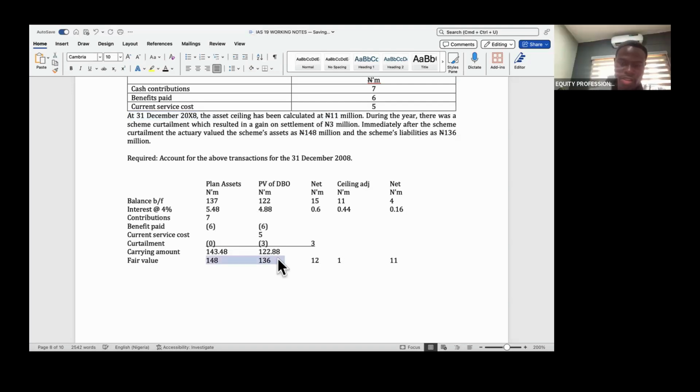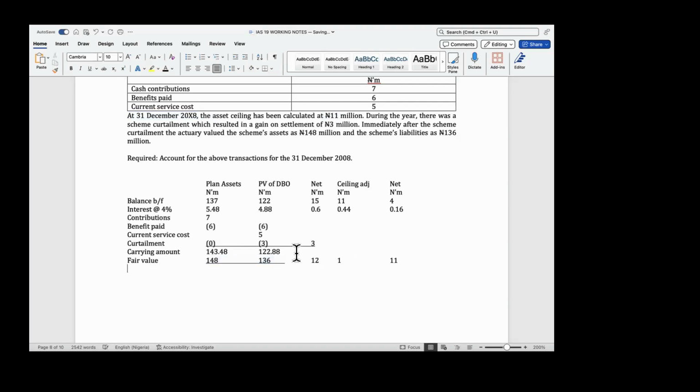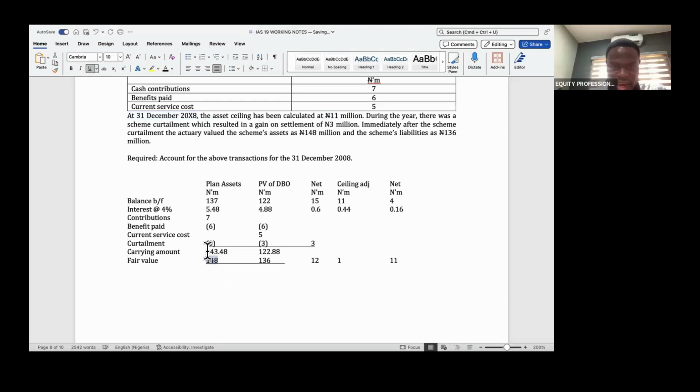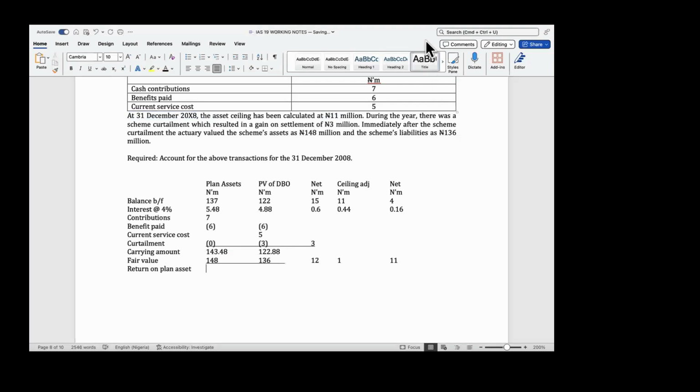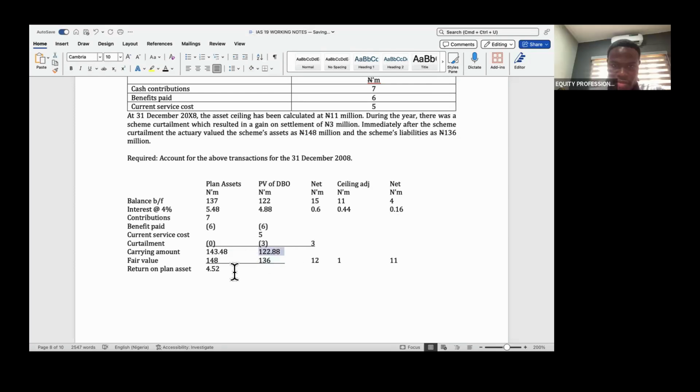Now, having done that, you will see that our asset is higher at the end. So that's a gain of how much? Return on plan assets. How much is that? 4.52. And also, the obligation is higher than the assets.